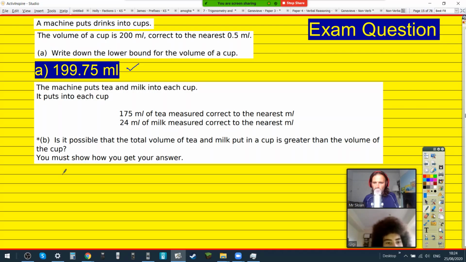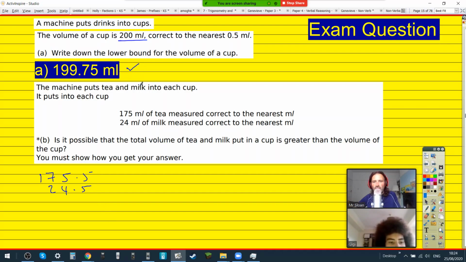I think that would make 200. So I guess not. Aha, so why not? Because it's not greater. The highest it can get is the same as 200.